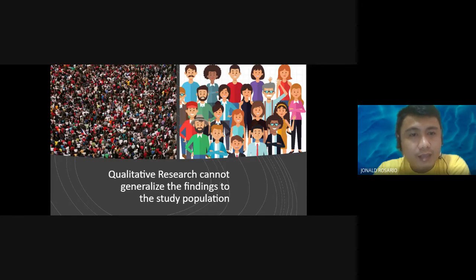And on the right side, your participants, most often used in qualitative research. Since we only use a small number of participants in qualitative research, it may result in limited responses, and it can also imply that it cannot generalize our study population. Kung gusto nyong ma-generalize yung isang study population, then use quantitative methods or research. So that's why qualitative research cannot generalize the findings to the study population.